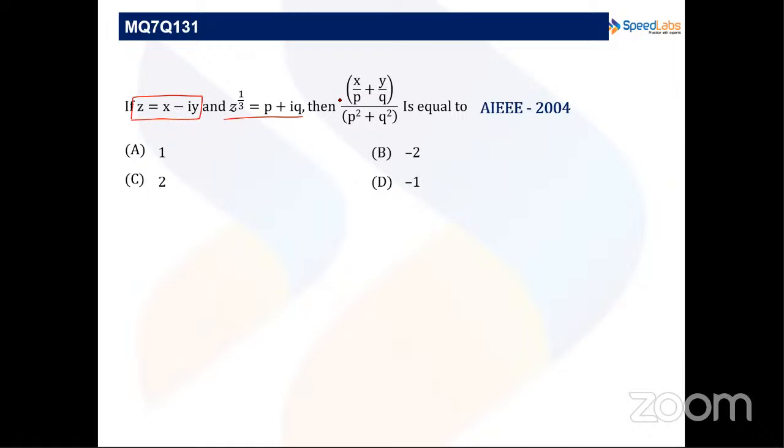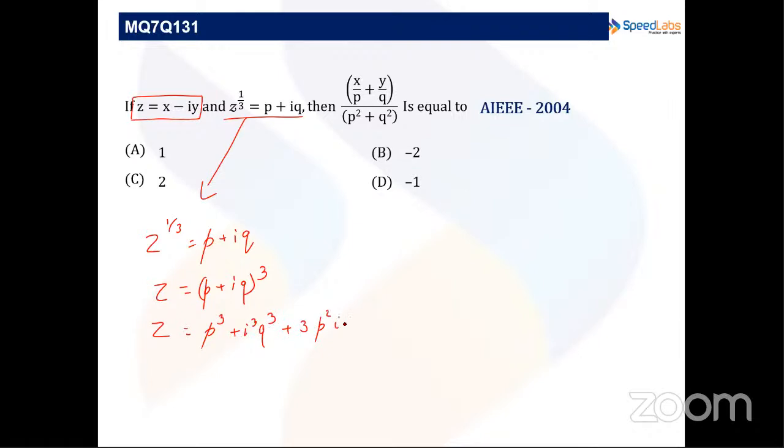Okay, so from here we can see that z to the power 1 by 3 is p plus iq. So z will be equal to (p plus iq) whole cube. From here, z will be equal to a cube plus b cube plus 3a square b plus 3a b square.